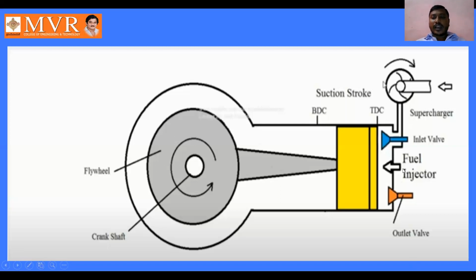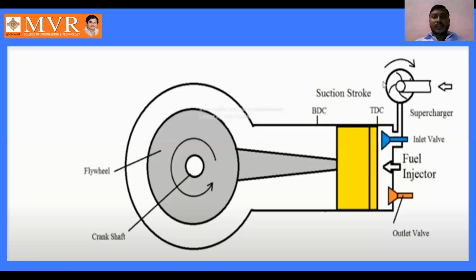As we are studying CI engines, here we need the fuel injector for injecting or atomizing the fuel into the engine cylinder for the complete combustion process. After combustion has taken place, the hot gases developed are exhausted into the atmosphere by using this outlet valve.